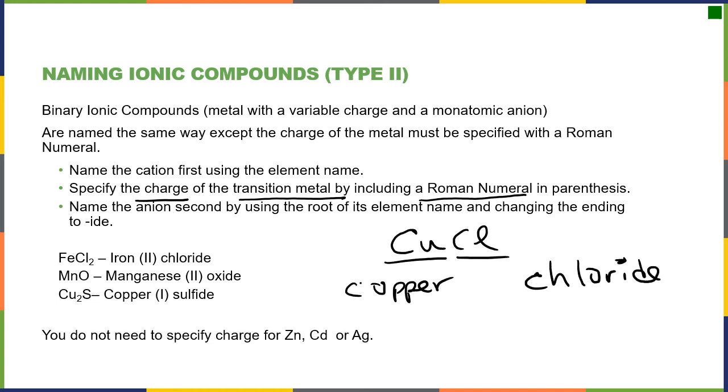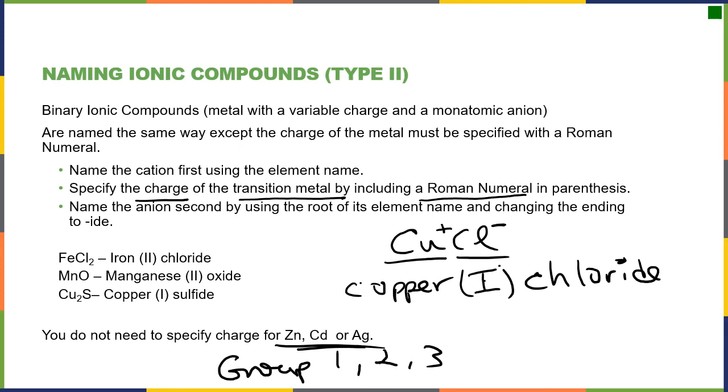And then we ask ourselves, is this type 1 or type 2? Is it group 1, 2, 3, zinc, cadmium, or silver? If it's not, then we have to put the charge in Roman numerals. Well, how do we figure out the charge? We figure out the charge from the anion. We know that chlorine is in group 7, which makes this one -1. Therefore, in order to cancel the charge, copper has to be +1. So this is going to be copper(I) chloride.